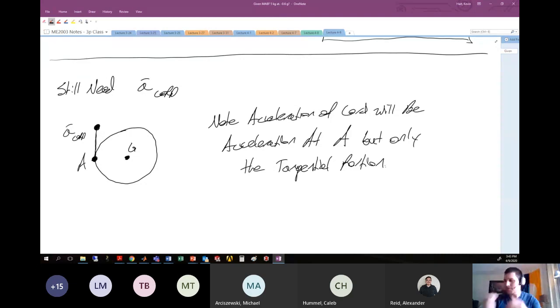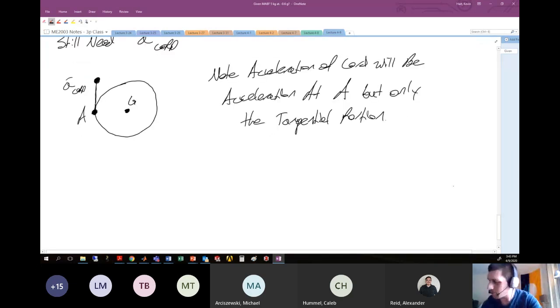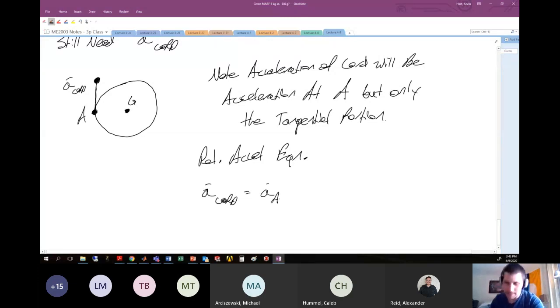Mathematically, if we want to write our relative acceleration equation, we would typically write that the acceleration of the chord is the acceleration at A, except we're subtracting out the normal acceleration.